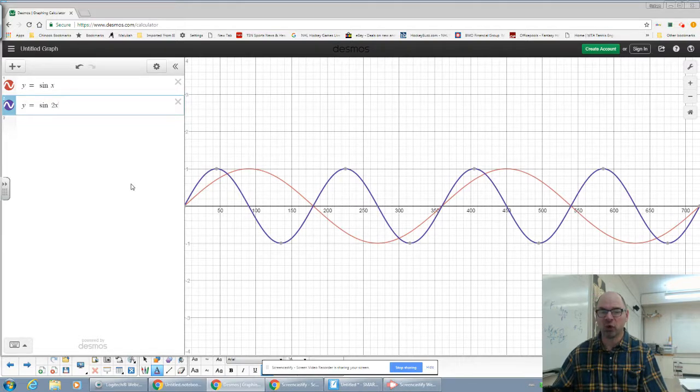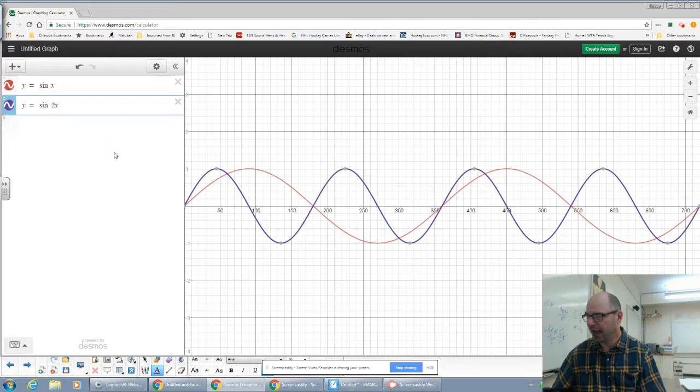So it has shortened the period because there are 2 of them in the same amount of degrees. So this means the purple one has rotated around 4 times, where the red one has rotated around only twice.